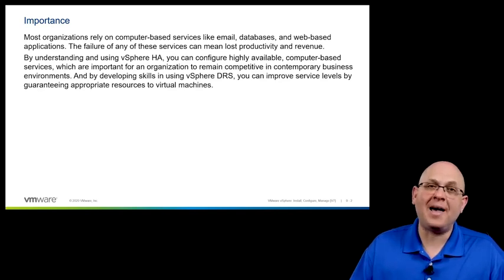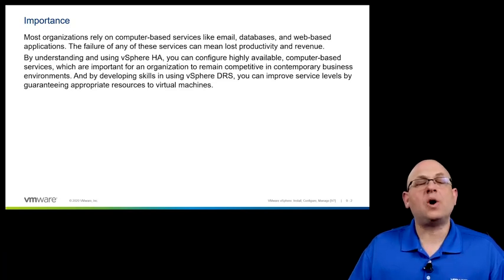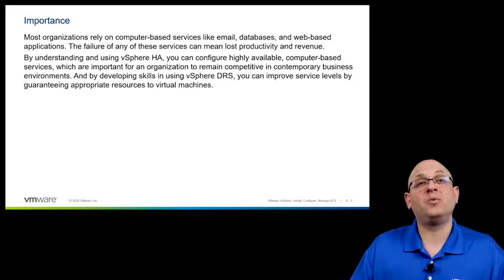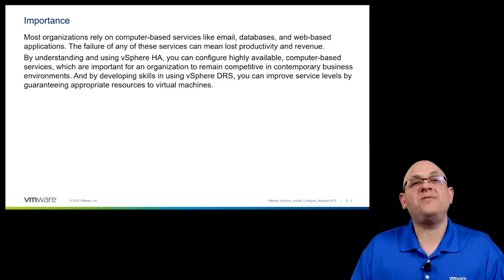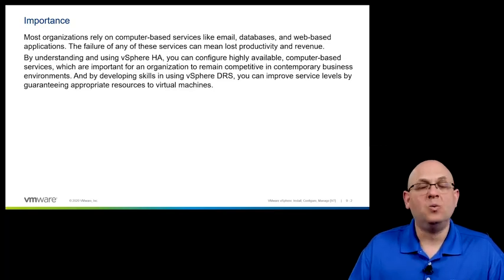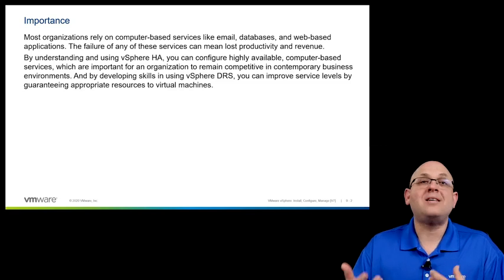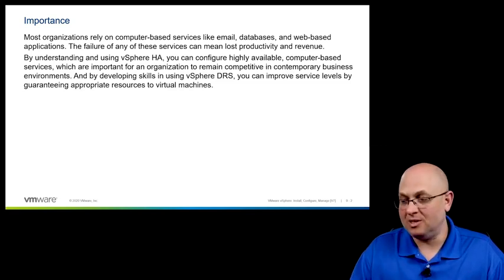Well, we have features around that, like vSphere Fault Tolerance. What about ensuring that all of the ESXi hosts and their virtual machines have enough available resources so that we can avoid contention? Well, that's what vSphere DRS will do for us by migrating virtual machines to ensure that the hosts that they're running on have plenty of resources to give to those virtual machines.